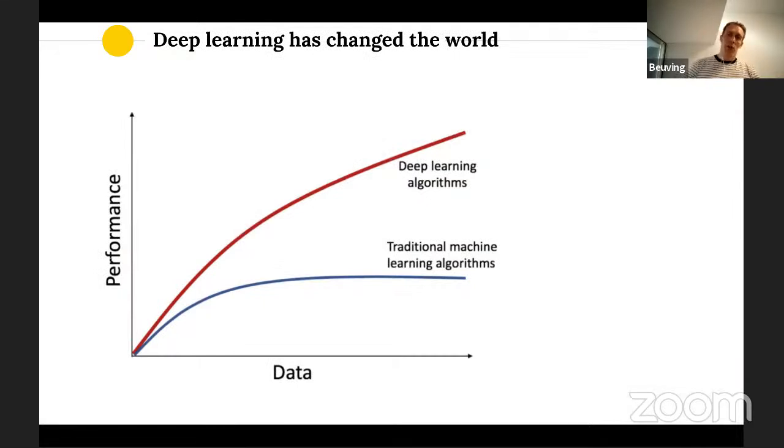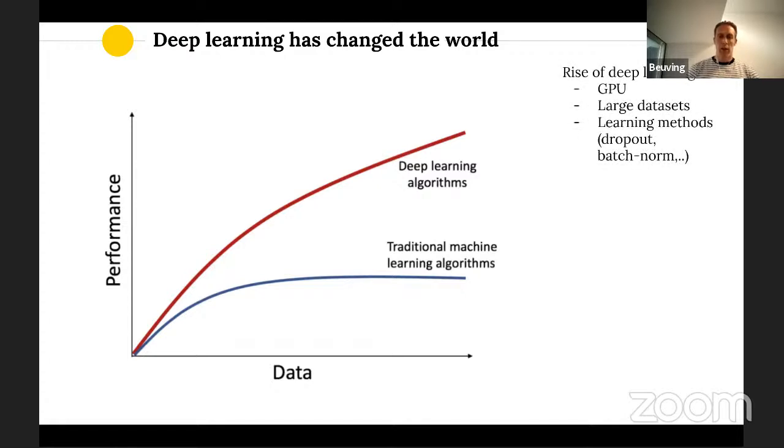Since 2014, deep learning has changed the world significantly. What you see is that at a certain time, the traditional machine learning algorithms, also the older neural networks and support vector machines, for example, didn't really improve the performance of the software. Then came deep learning, the availability of general purpose GPUs from NVIDIA particularly, and a rise in datasets.